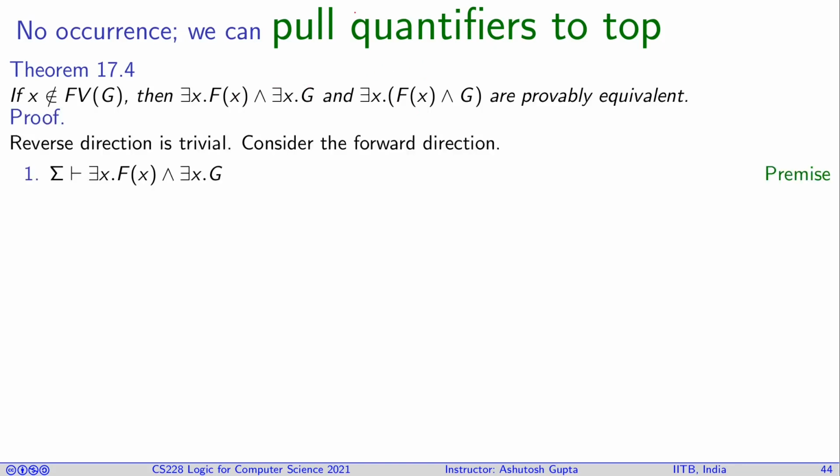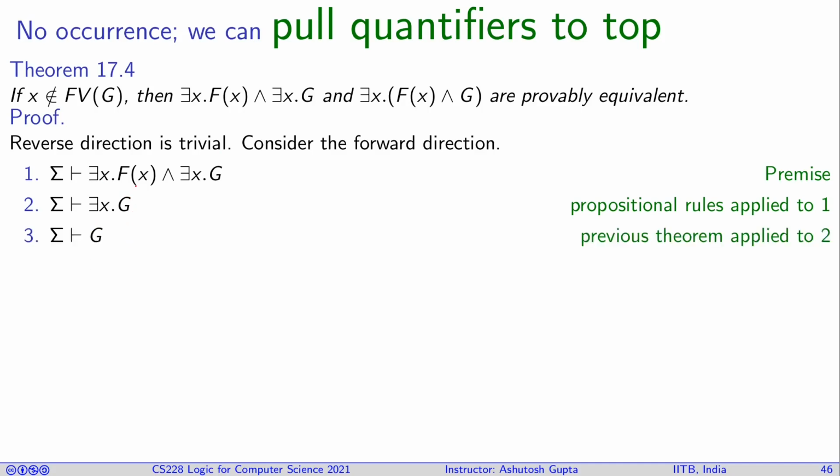The reverse direction is trivial and it's also true even if g has x, but let's look at the forward direction, where x not being there is relevant. So sigma proves the left hand side, and from this I can derive that there exists x g. Because of the previous theorem, I can eliminate there exists x and be left with g.